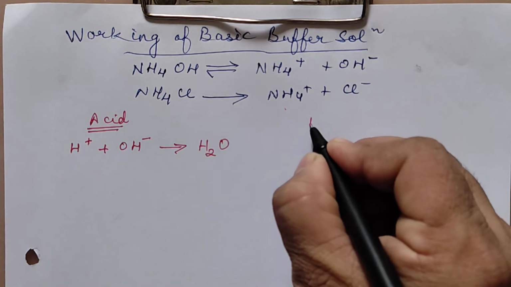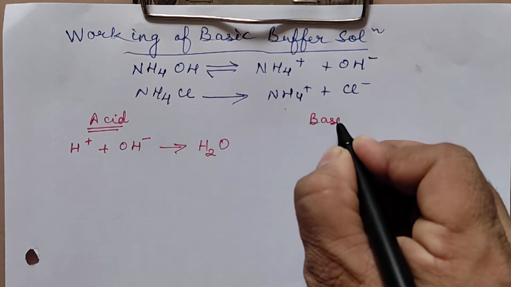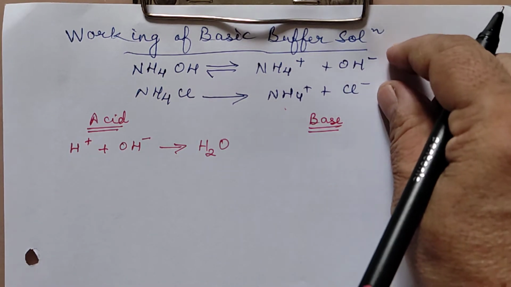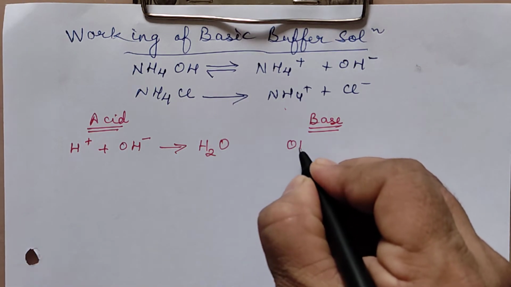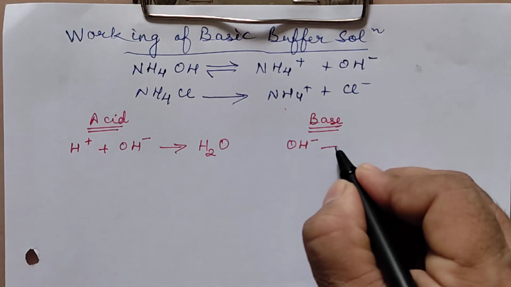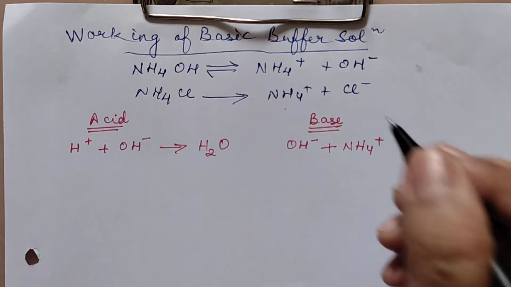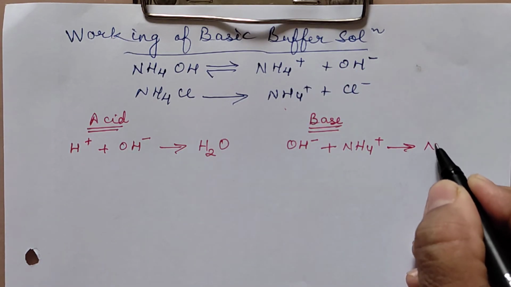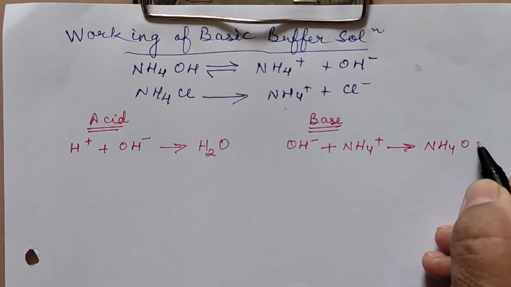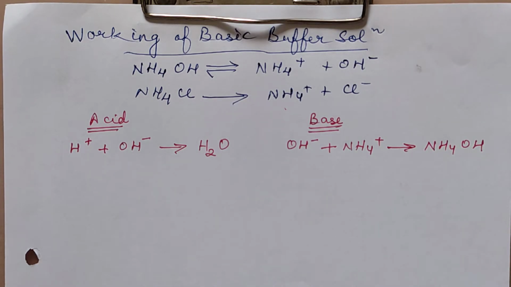Now let us say a base is added, then what will happen? If to this buffer solution we add a base, say OH minus ion, this OH minus ion will react with the ammonium ion and result in the formation of ammonium hydroxide. Ammonium hydroxide is a weak base and will not change the pH.